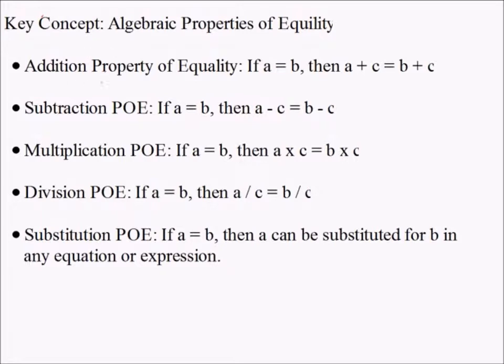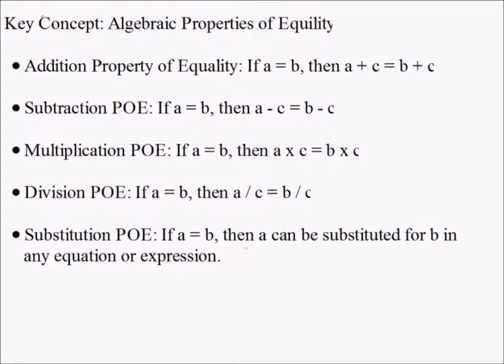Addition property of equality, subtraction property of equality, multiplication property of equality, division property of equality. So basically it's if you add on both sides, subtract on both sides, multiply on both sides, or divide on both sides. Another one that students kind of forget, but it's also really important, is the substitution property of equality.